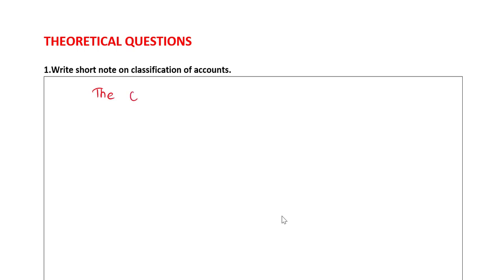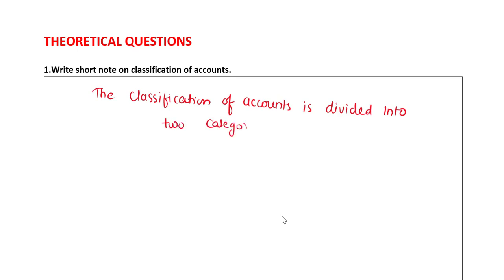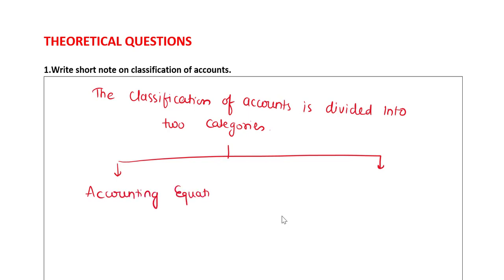The classification of accounts is divided into two categories. The first category is the accounting equation approach, and you have the traditional approach.